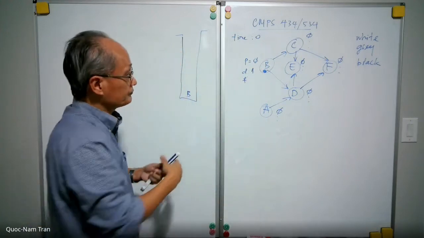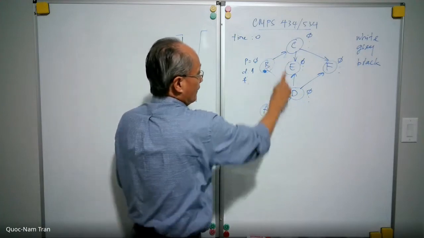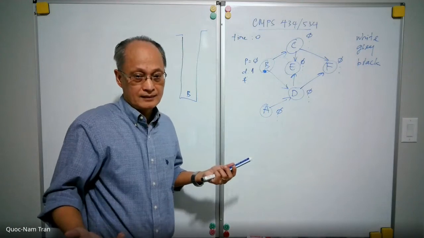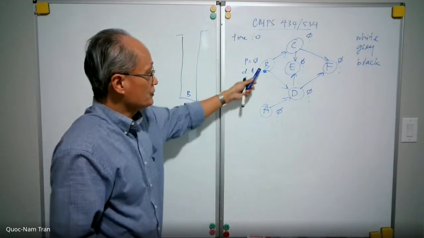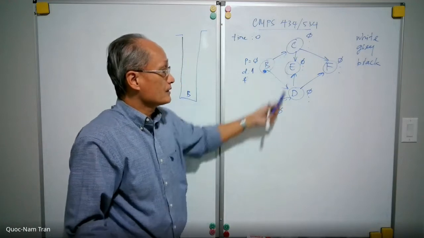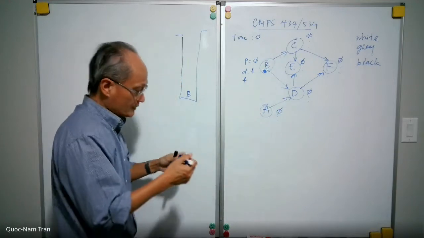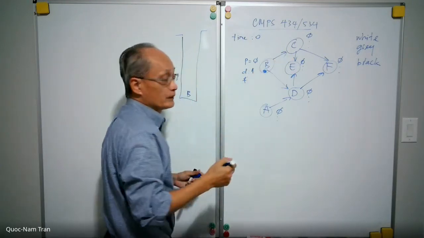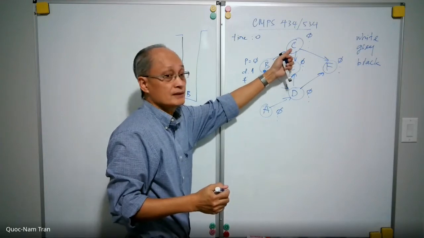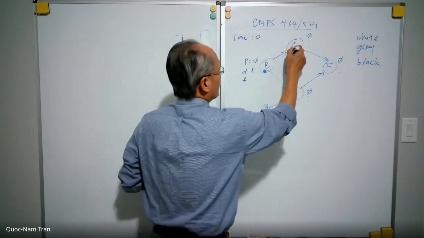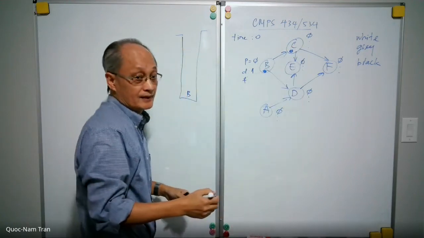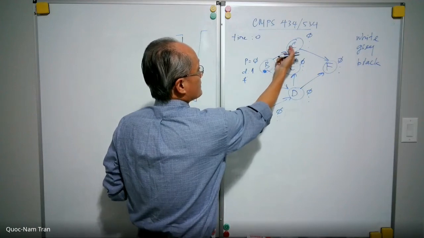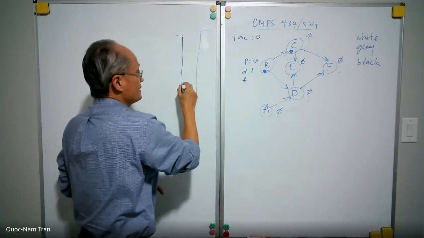Now, next, we have 2 adjacent nodes. Which one should I use? Any, right? Because we have 2 adjacent vertices, I can use C. When I decide to use C, I will change the color from white to gray, and then I will push C on top of B here.